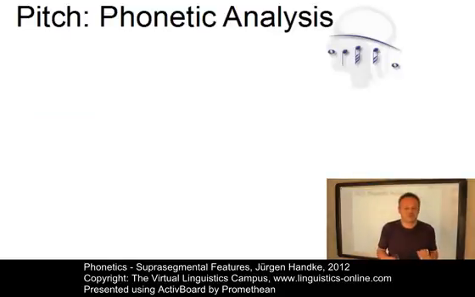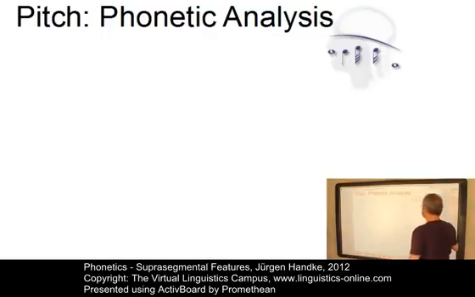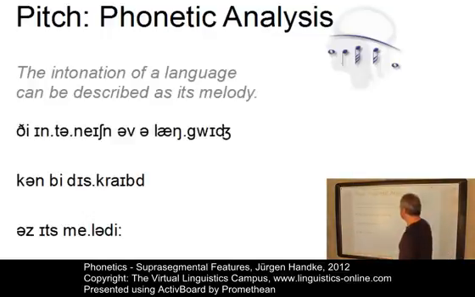The pattern of pitch changes that occurs in these examples is referred to as intonation. The phonetic analysis of intonation is primarily concerned with the exact description of it. When we listen to a stretch of speech of some length, it becomes apparent that it is organized into tone groups. Now here is this stretch of speech.